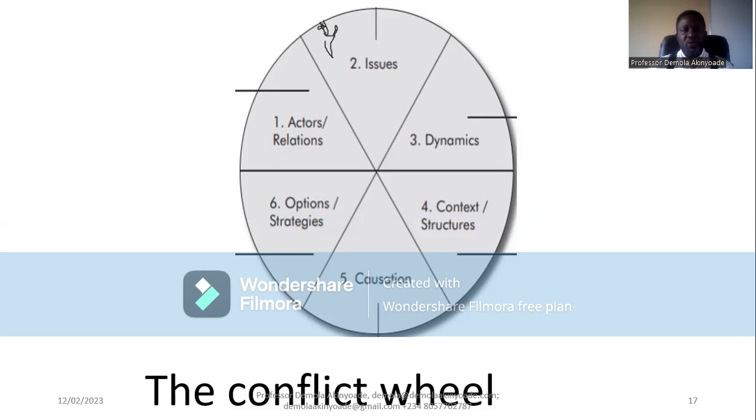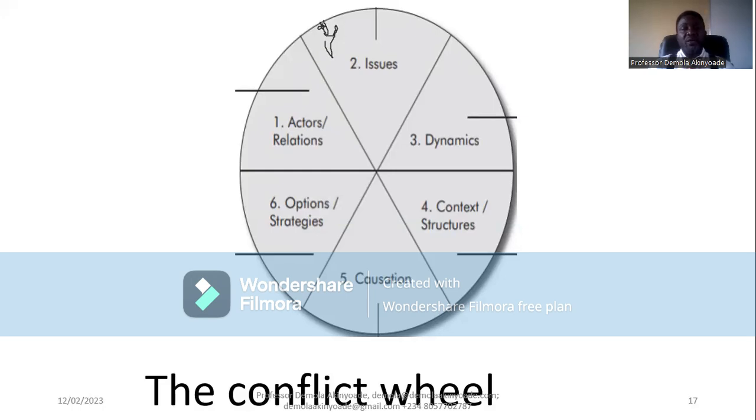The first sector, actors and their relationships. The second sector, issues. The third sector, dynamics, while the fourth and fifth are context or structures, and causation. Then the final sector is options or strategies. That is, what do we do?